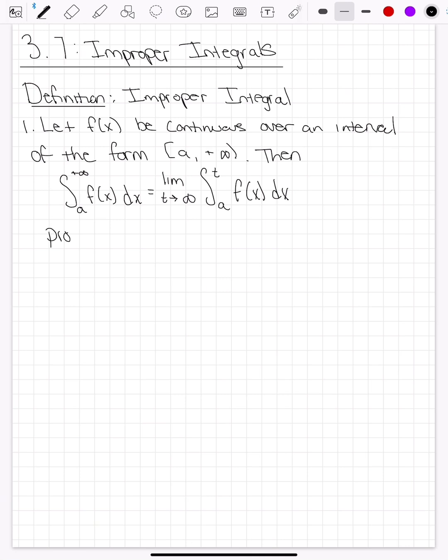And this all depends on the limit existing, which, remember, just means that the function has to approach the same number from both sides.